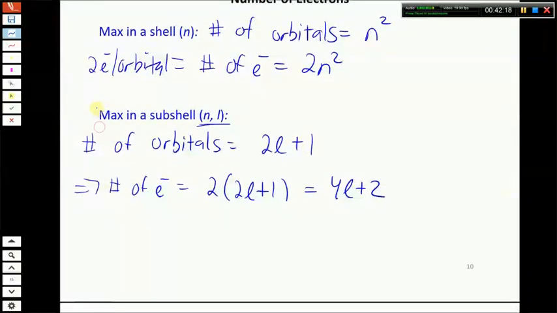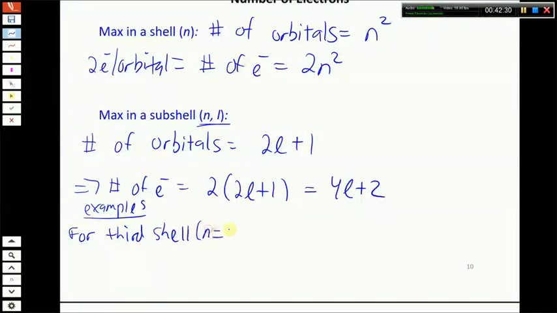So let's just work through a couple of quick examples that I came up with off the top of my head. So if we're in the third shell, n equals 3, the maximum number of electrons, I should probably put max here so you're not confused, is going to be 2n squared, or 2 times 3 squared, which is 18.